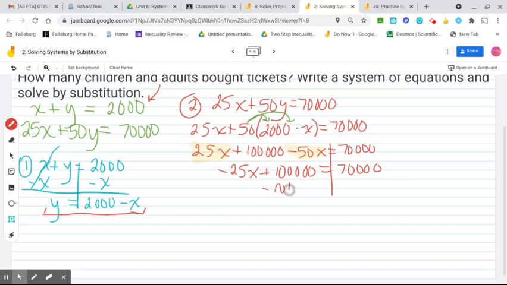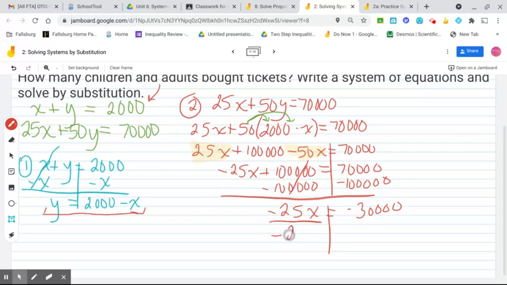I'm going to start by subtracting 100,000 from each side. And I'm left with negative 25x equals negative 30,000. And last, I'm going to divide both sides by negative 25, which gives me x equals 1,200.